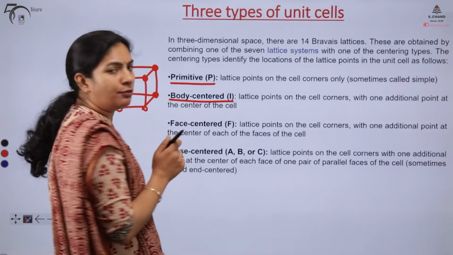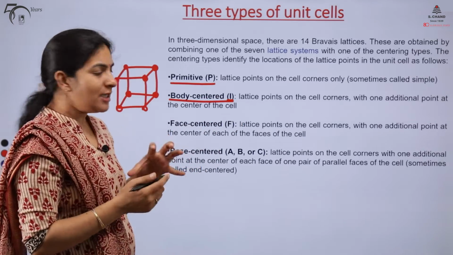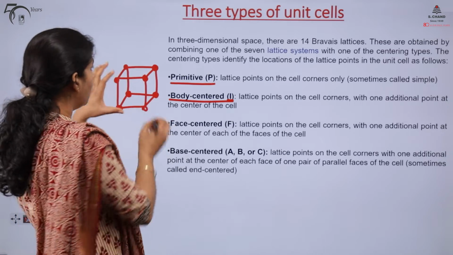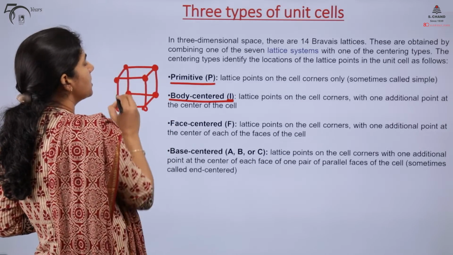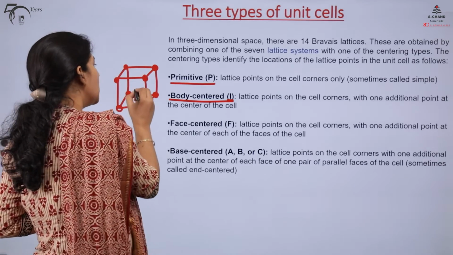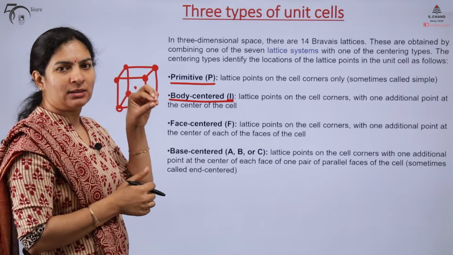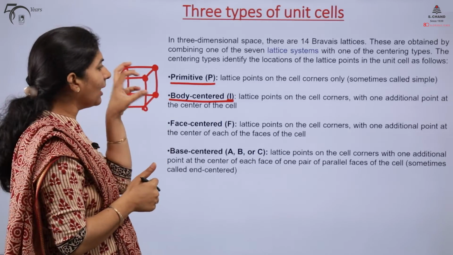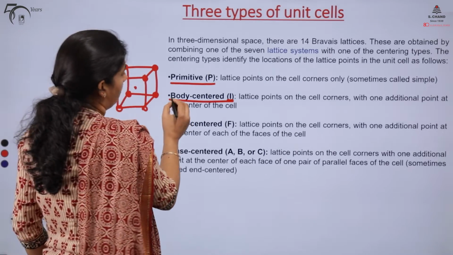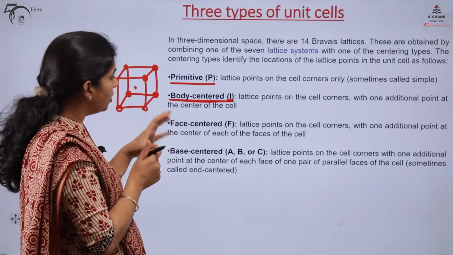Next we have body centered, represented by the symbol I. Body centered is slightly different from simple cubic or primitive. Apart from the atoms at all 8 corners, there is one atom exactly at the center of this cube.